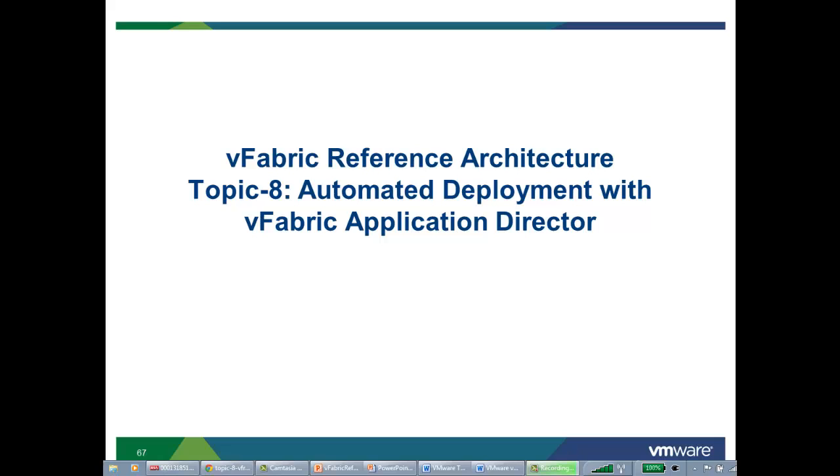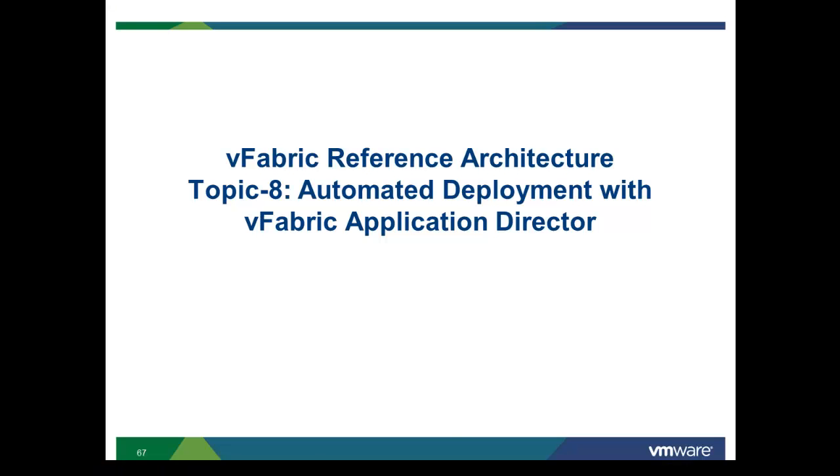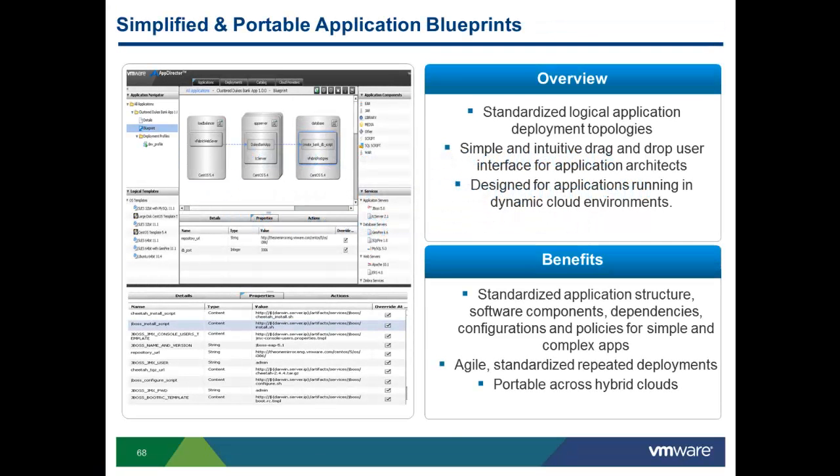vFabric Reference Architecture, Topic 8, Automated Deployment with vFabric Application Director. In vFabric Reference Architecture, vFabric Application Director allows you to build deployment blueprints that automate the deployment of the compute resources and the software components. vFabric Application Director has a unique model-driven, open, and extensible architecture.